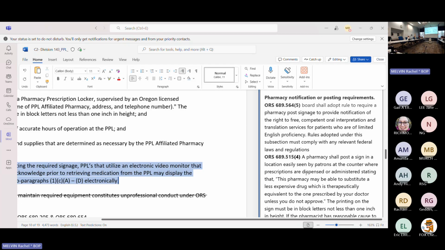So a reference, or a sign with hours and contact information for the brick and mortar pharmacy at the PPL, I think that's really all that should be needed. And then maybe electronically, like on screen or somehow, we could meet the statute, instead of putting actual physical signs on them.